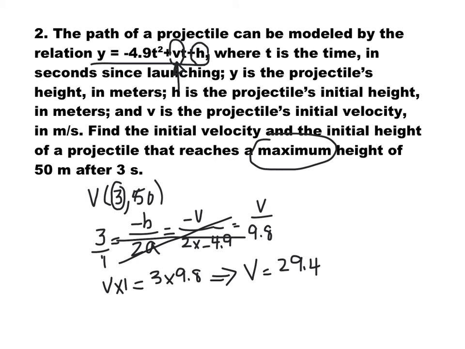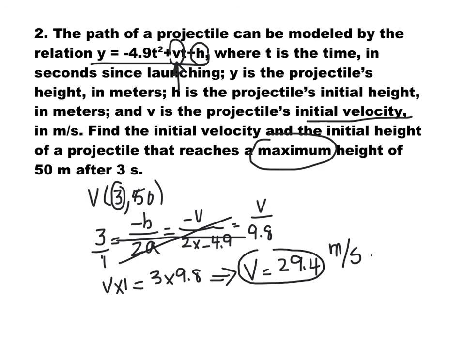So this means that the coefficient of t in the above quadratic in standard form is 29.4. And by definition, v represents the initial velocity. So this means the initial velocity of the projectile is 29.4 meters per second.